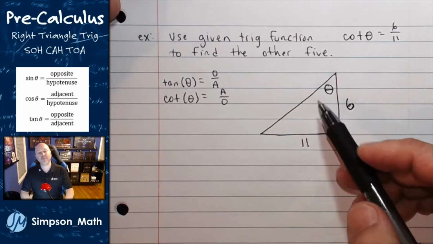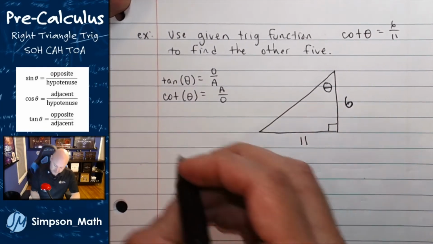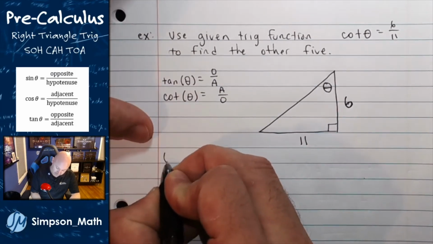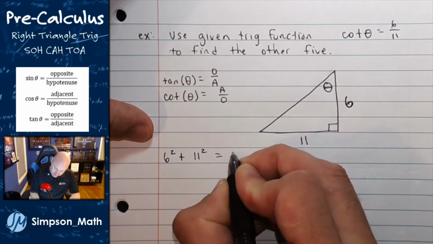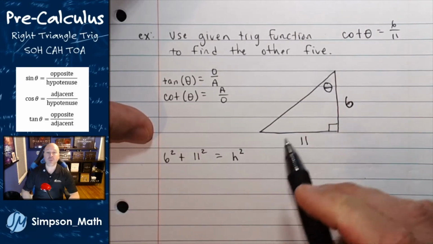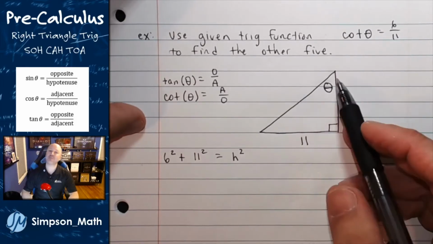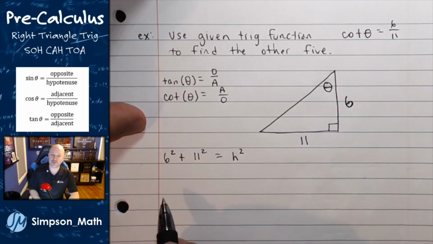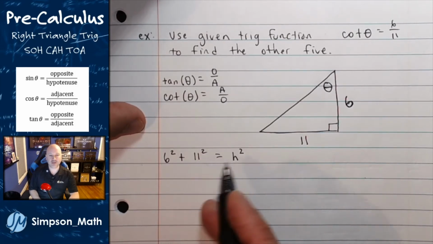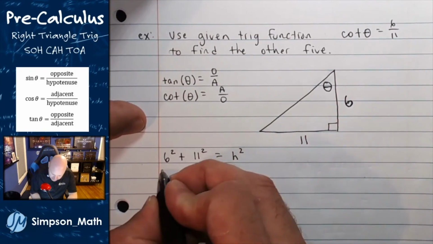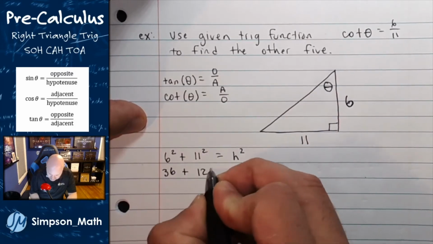Now I can use Pythag to find the hypotenuse. In a previous lecture, I might have called that r, the radius, but I'm just calling it h this time for hypotenuse. These numbers don't look familiar to me, but I at least can do the math. 6 squared is 36, 11 squared is 121.